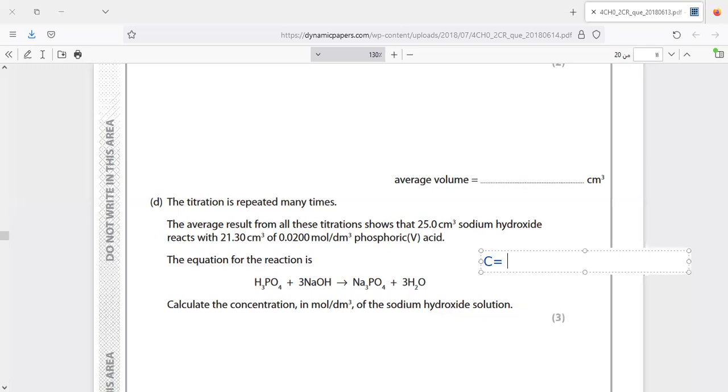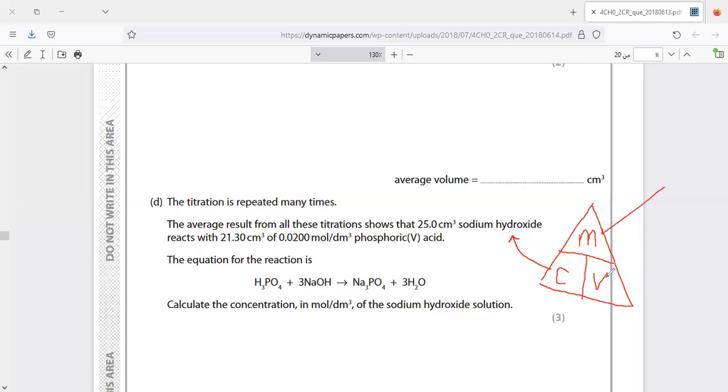From the third triangle, number of moles divided by volume. So this is the third triangle you must know about stoichiometry. If you need to find concentration, you have to divide moles by volume. I need to find the concentration of sodium hydroxide, so I must know the moles of sodium hydroxide and the volume of sodium hydroxide.